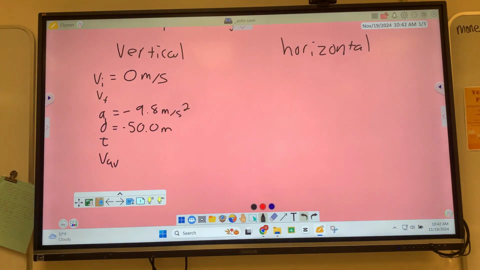Why did I make it negative? Again, distance is just 50 meters. That's how far we're going to go. But if we're talking about displacement, and actually adding direction to things, I'm going to make this negative 50 meters. What about time? Do we know the time?